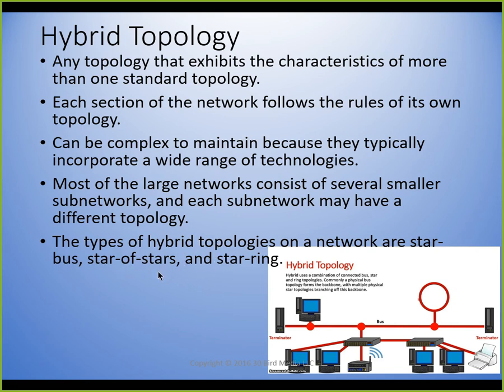Star of stars is when we connect a bunch of different star topologies together. If we have a switch here, and then here, and then here, and then here, we have a star of stars, and then a bunch of different star topologies.